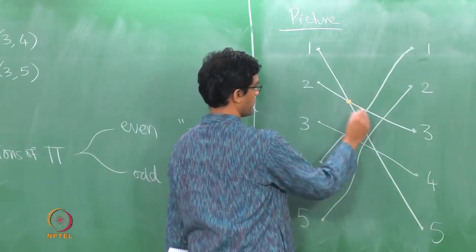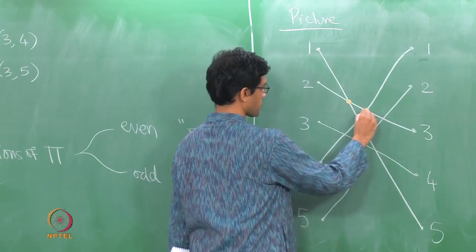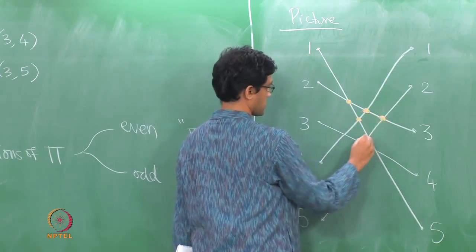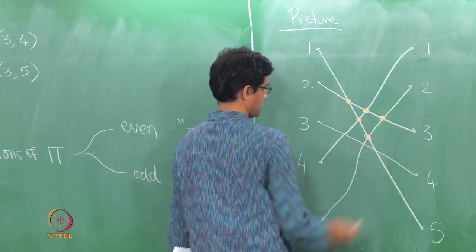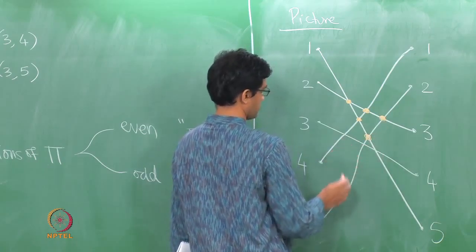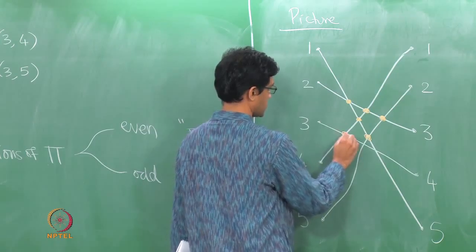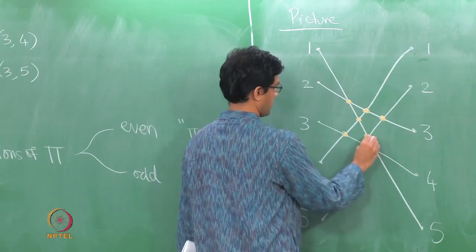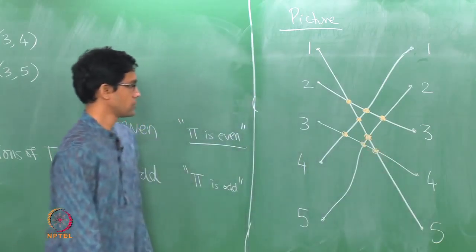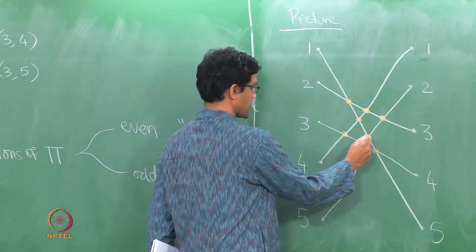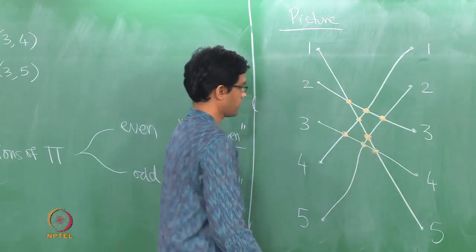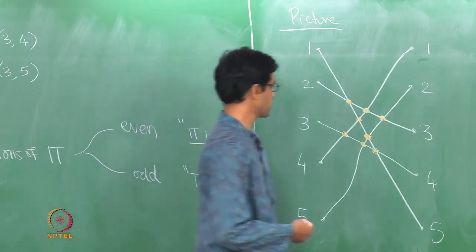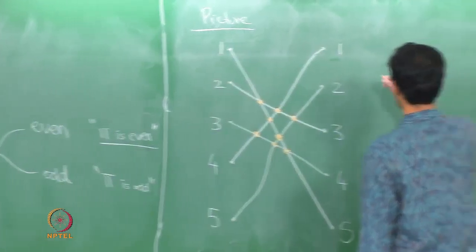There is 1 right there, 2, 3, 4, 5, this one here, 6, 7 and 8. So the number of crossings is exactly equal to 8 as well, and this is not a coincidence. This is pretty much just a pictorial way of looking at inversions.